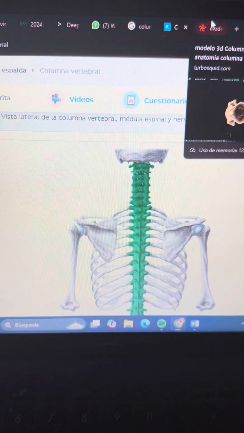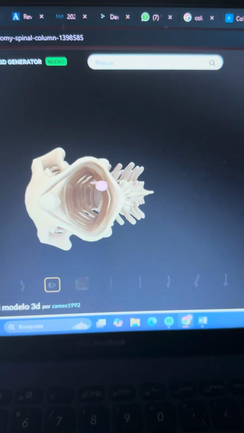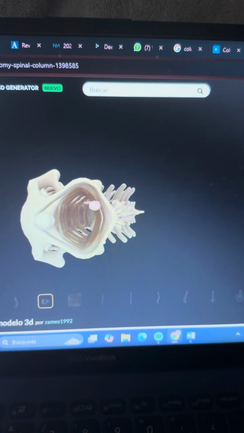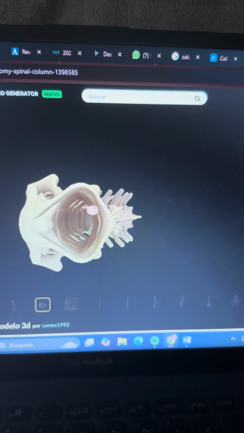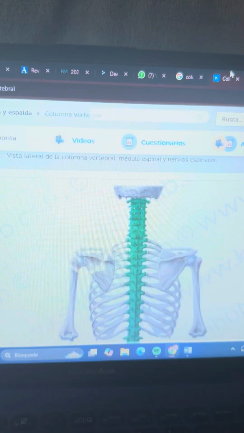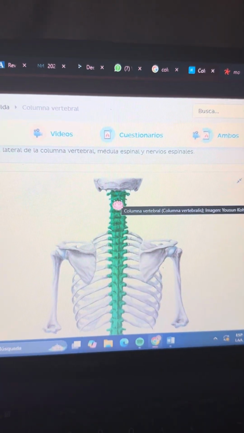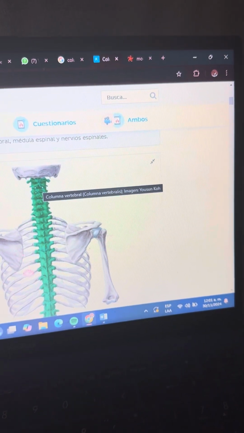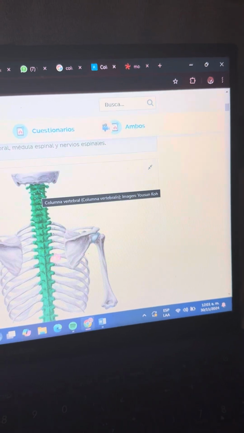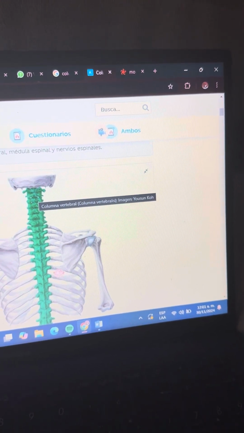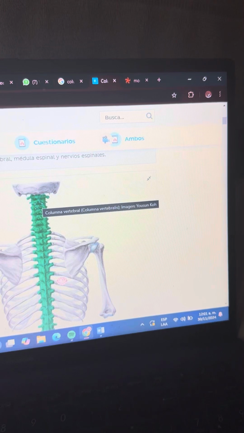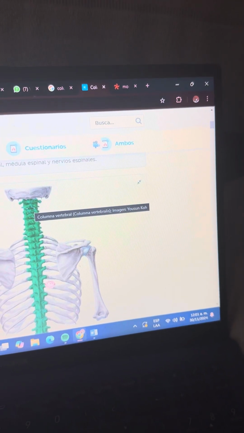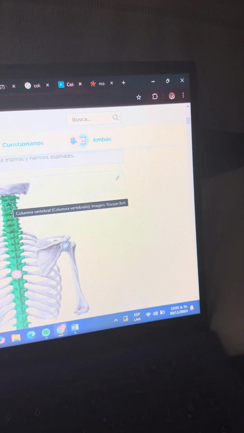The spinal cord passes through the neural arch, and the vertebrae have characteristics such as the thoracic vertebrae having articular facets to join the vertebrae.